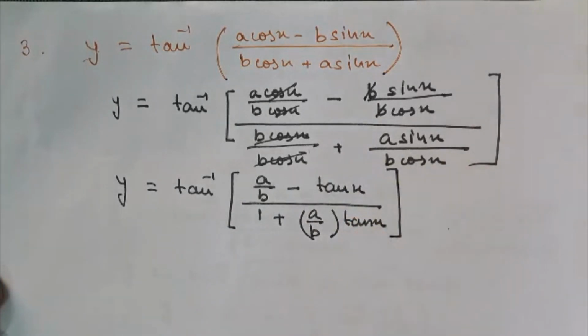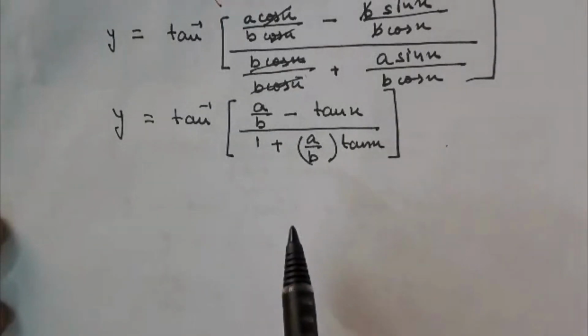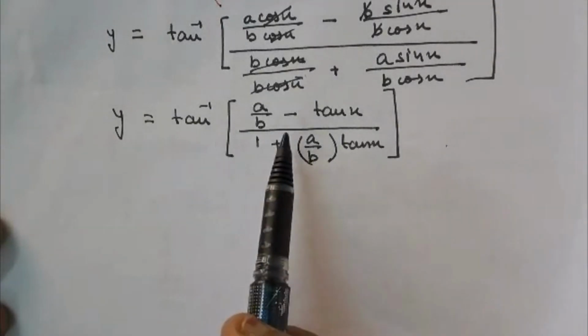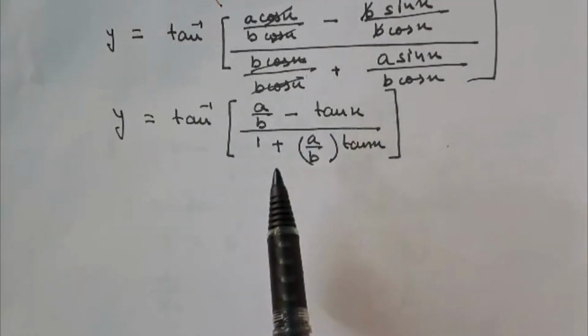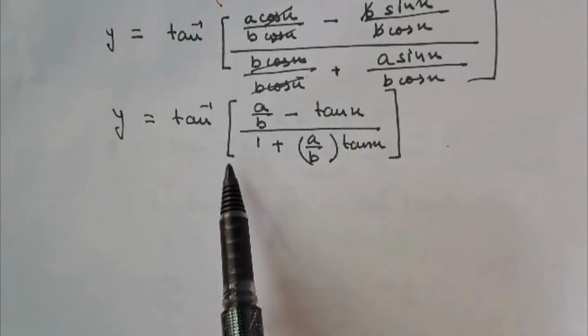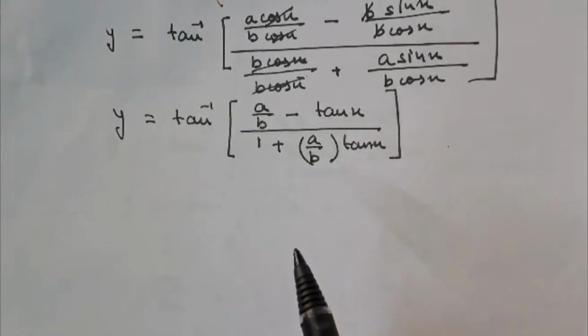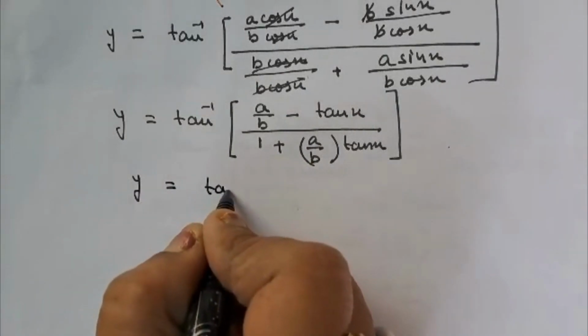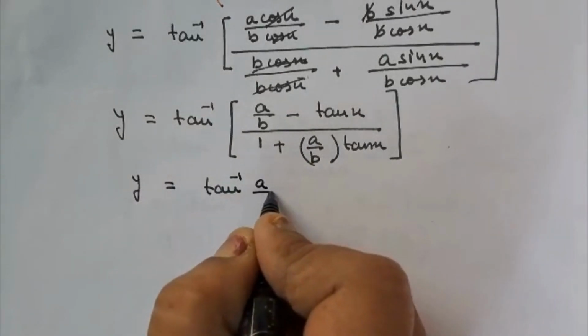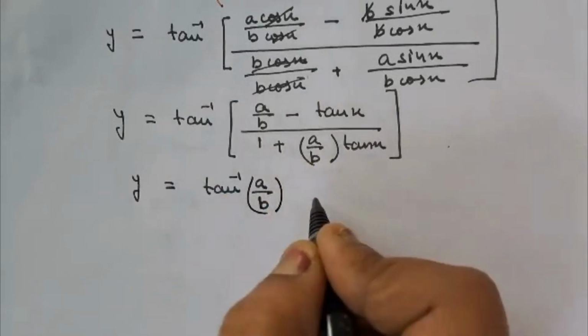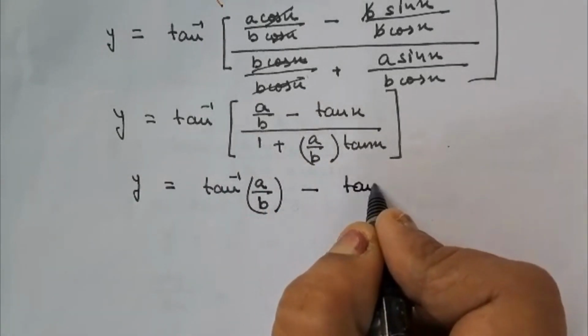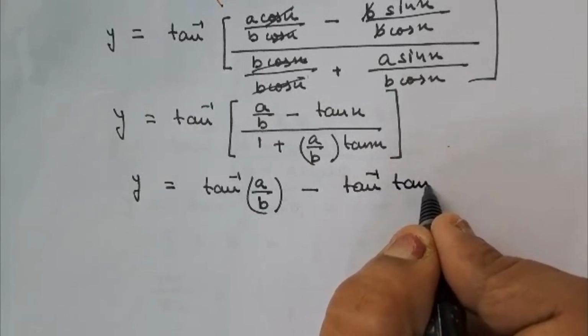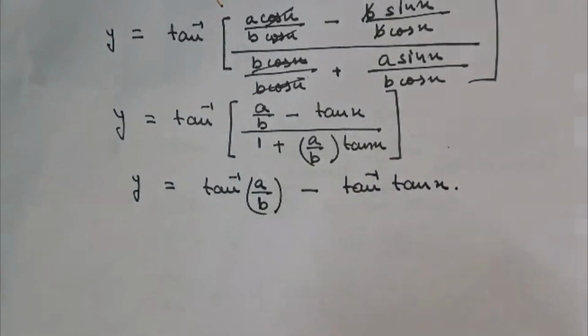So you can see it has changed into the form tan inverse of (x minus y) whole by (1 plus xy). So that is equal to tan inverse of a by b minus tan inverse of tan x. Now we know tan inverse of tan x is x.